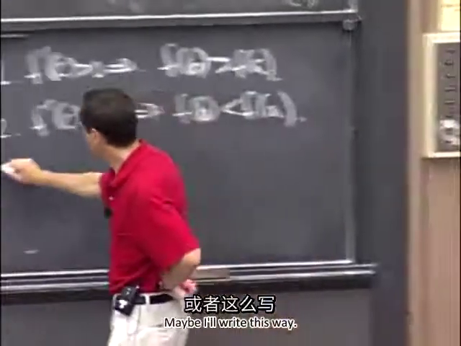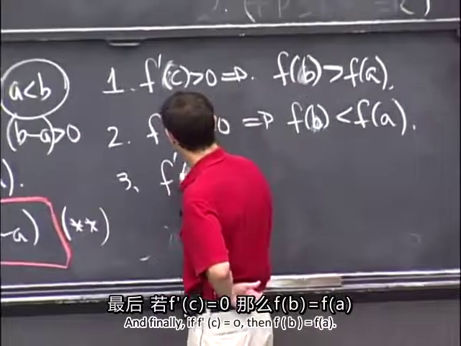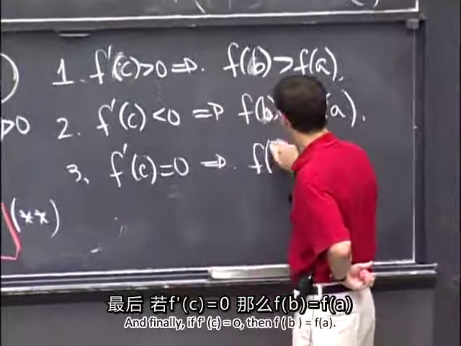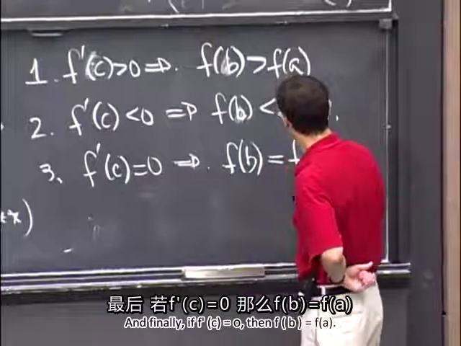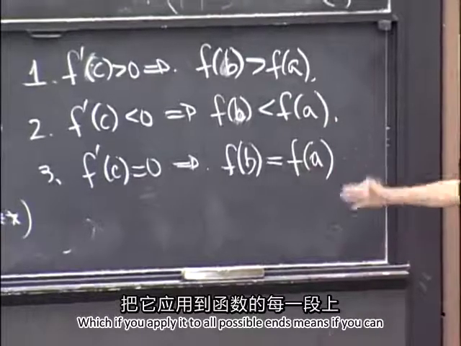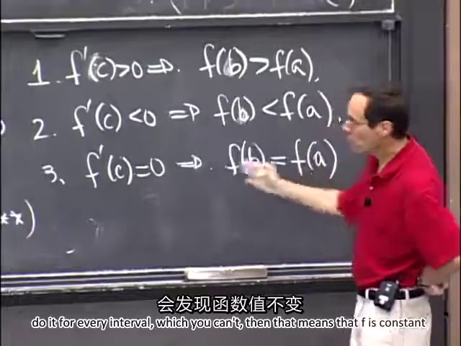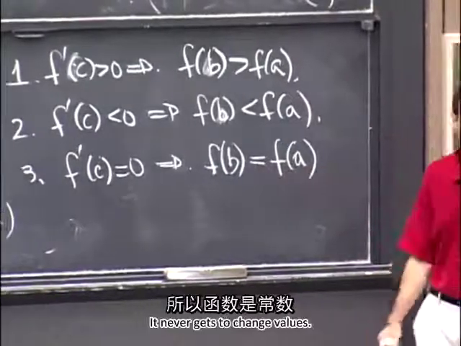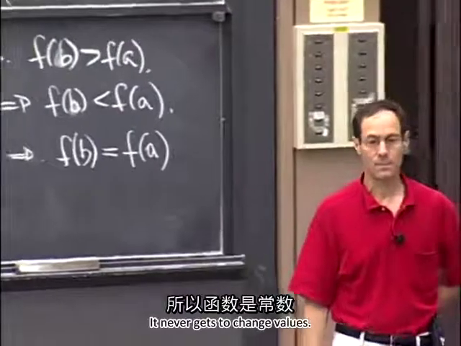And finally, if f prime of c is 0, then f of b is equal to f of a. Which, if you apply it to all possible intervals, if you can do it for every interval, which you can, then that means that f is constant. It never gets to change values.